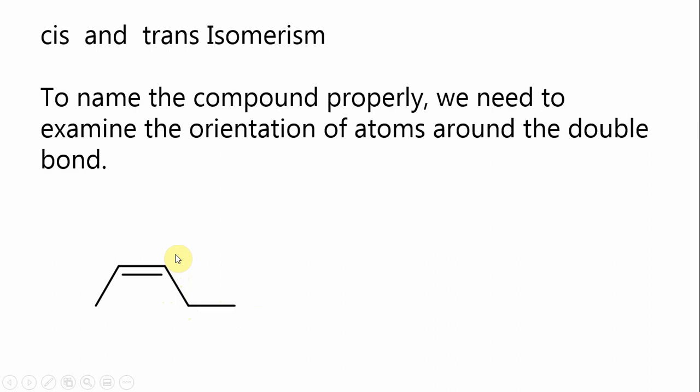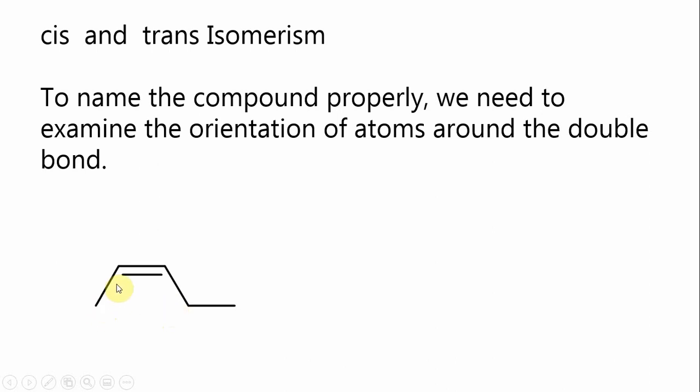Remember that in the other direction is the hydrogen, which is not drawn in. And so we look at the two largest parts that are attached to each carbon, and we ask, are they both on the same side of that line of symmetry, or is one above and one below? In this example, both are below on the same side, and so this would be a cis isomer.